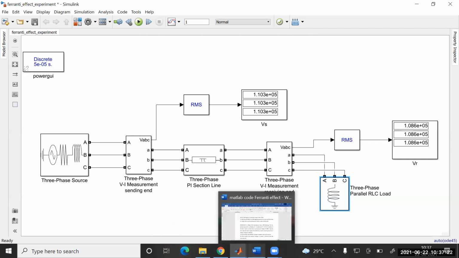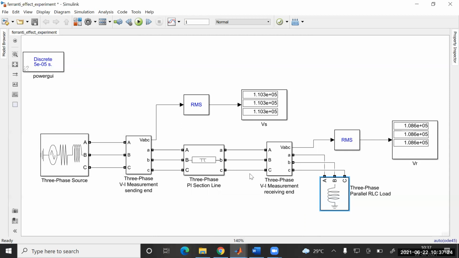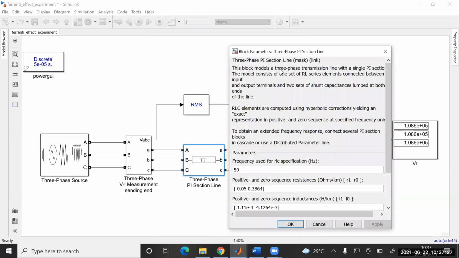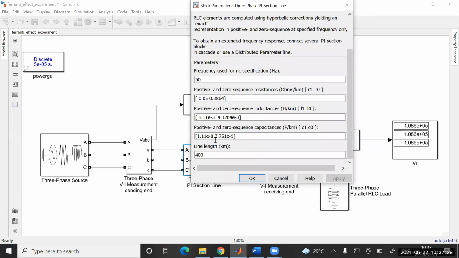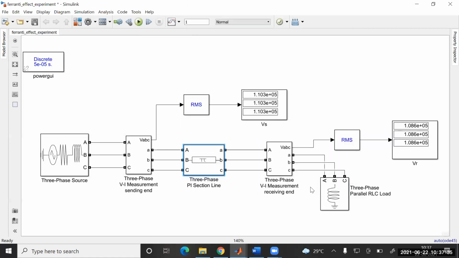Now that question was for 200 meter, what will be the receiving end voltage? So I have removed this part. Okay, for 200 we could say that it is 1.131 into power 5 at the receiving end, and the sending end is 10.4 into power 5.